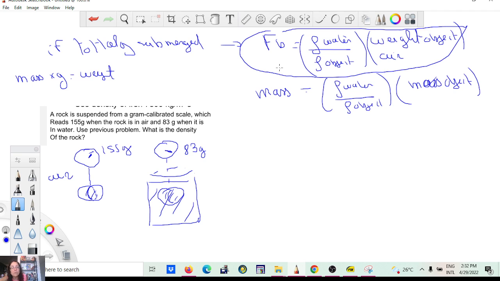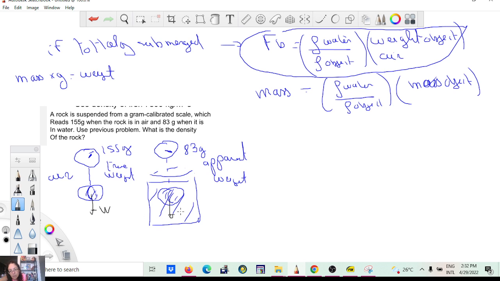We're going to try to use this equation here. That will be what we call the apparent weight. We talked about that, and this is the true weight. The difference between the true weight and the apparent weight is the buoyant force. Just to remind you, that will be the true weight, the same as here.